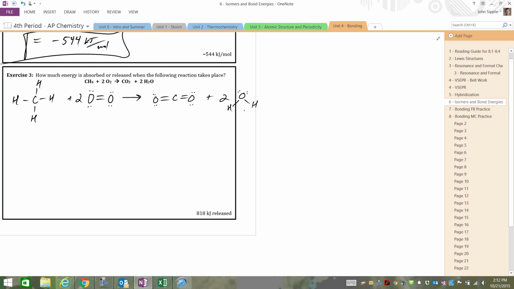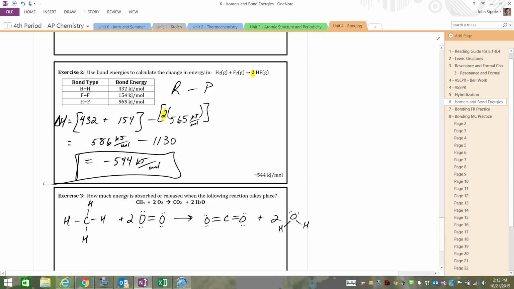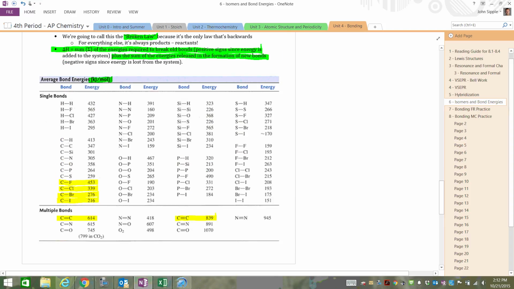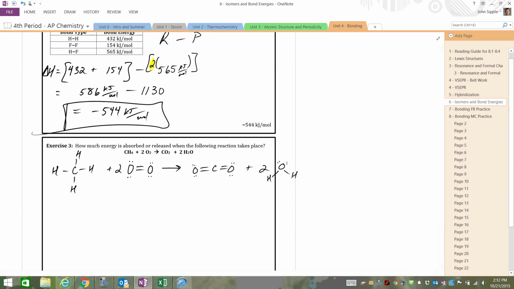All right, so when we go reactants minus products here, how many CH4 bonds do I have to break? I've got 4 of them. So there are 4 C-H bonds. If I go back up to my table here, here's C-H, 413. So I've got 4 times 413.